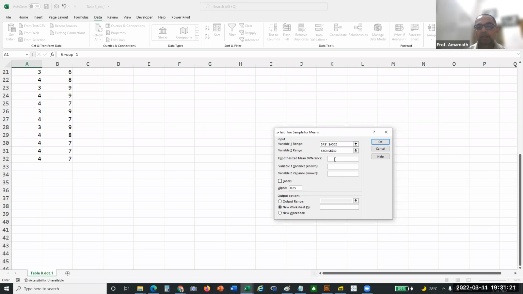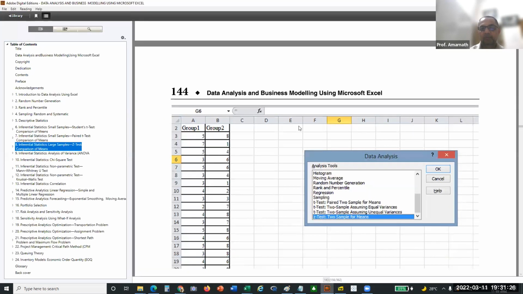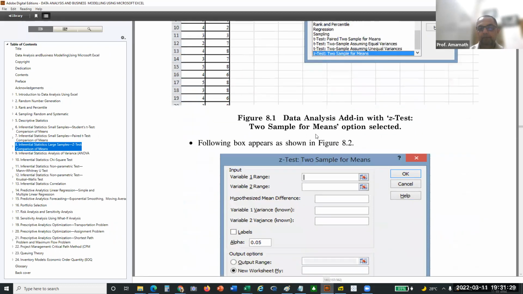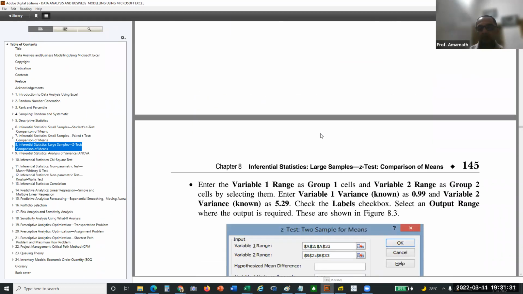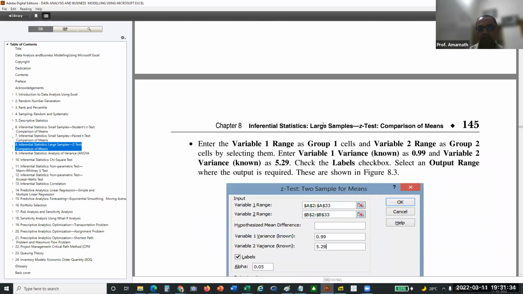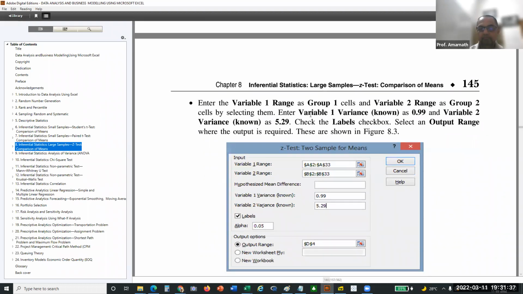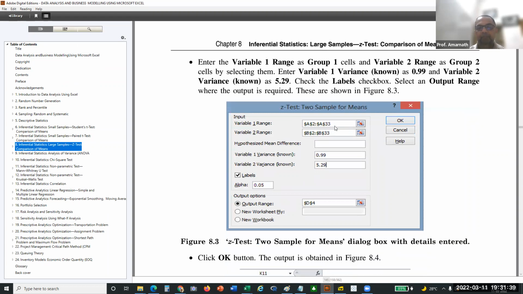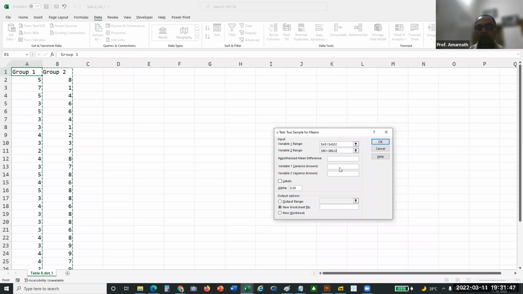Variance known: enter the variances, 0.99 and 5.29. Hypothesized mean difference is not the case here. Then select the labels and output range.